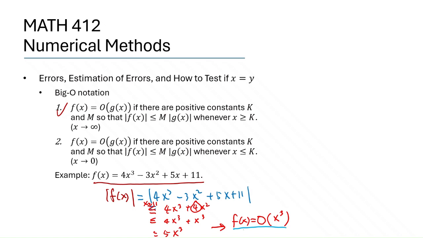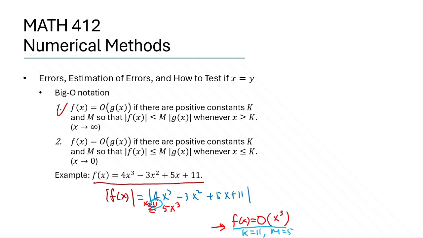What's k? k is 11 here, and m is 5. So eventually we have that this is less than or equal to 5x cubed.